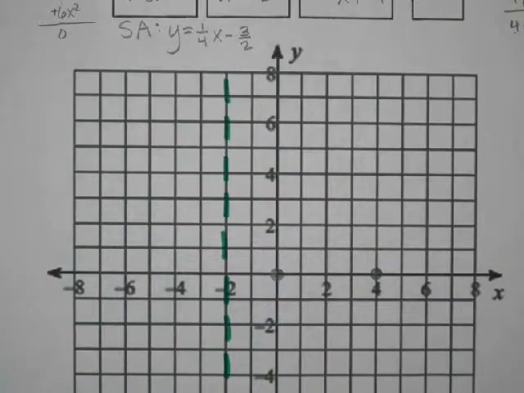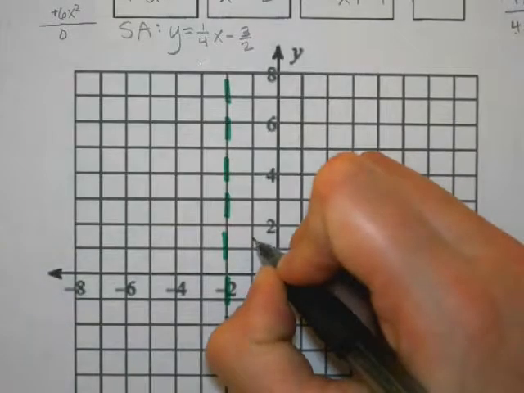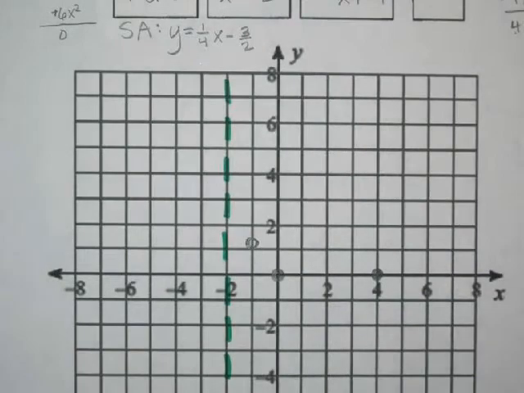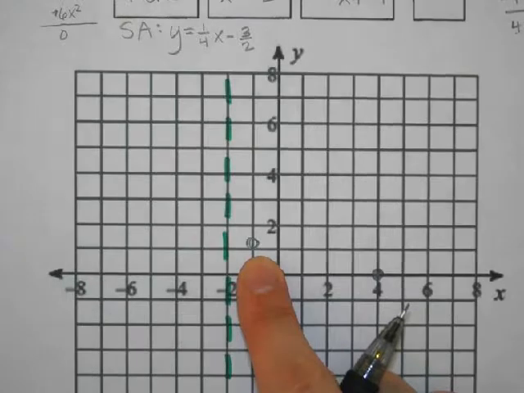And a hole at -1, up 1.25. You guys have made sure that when you draw the hole, you put a circle there? And we make sure that when we draw a hole, the curve always goes through it. Whoa, slammy.